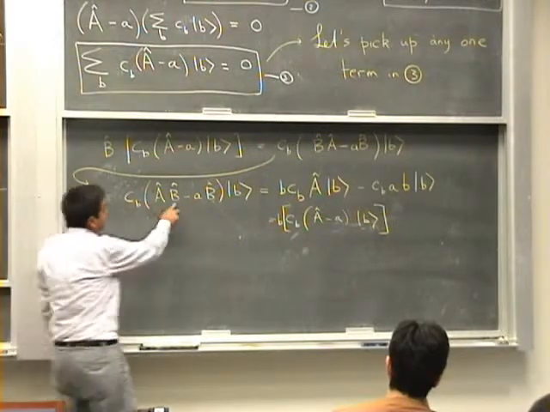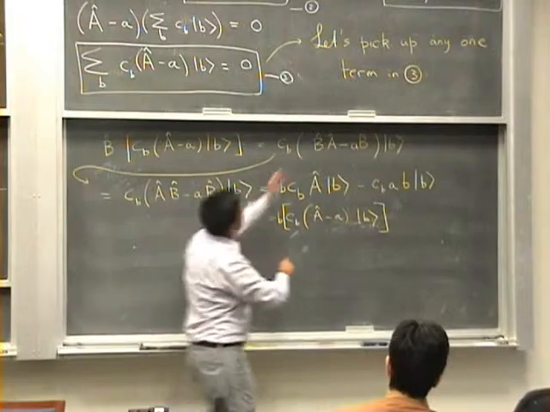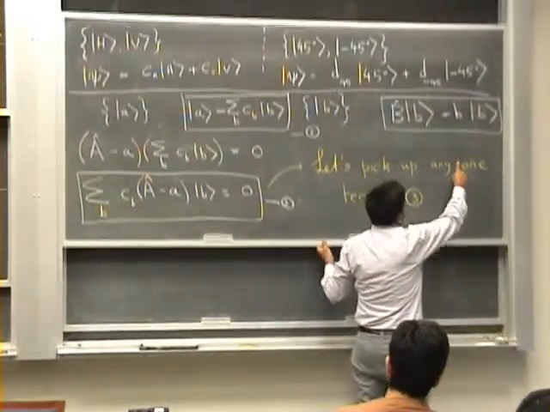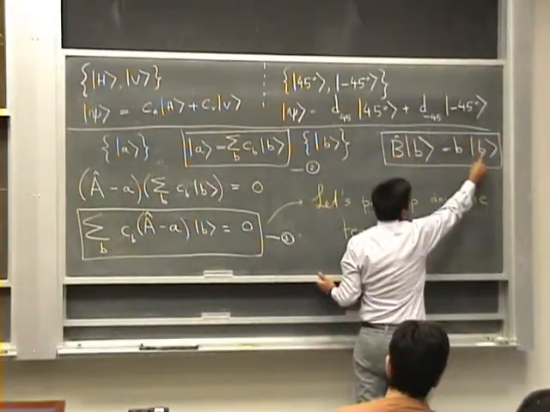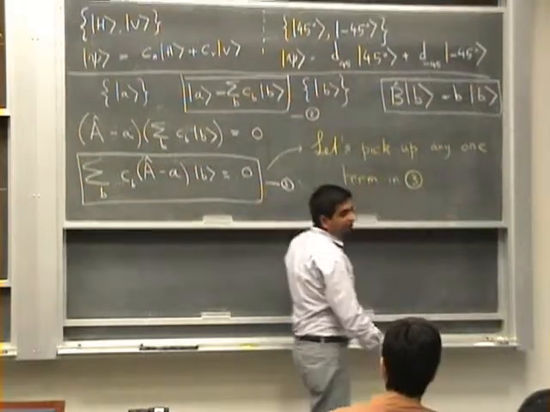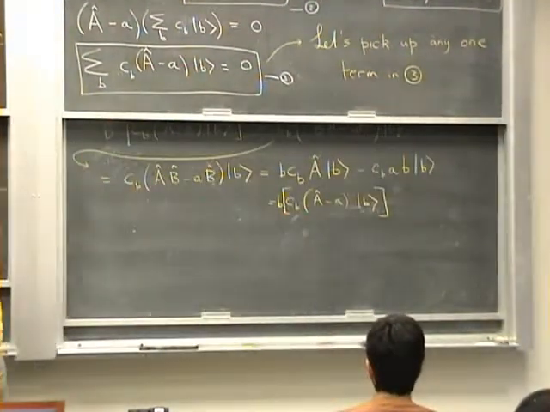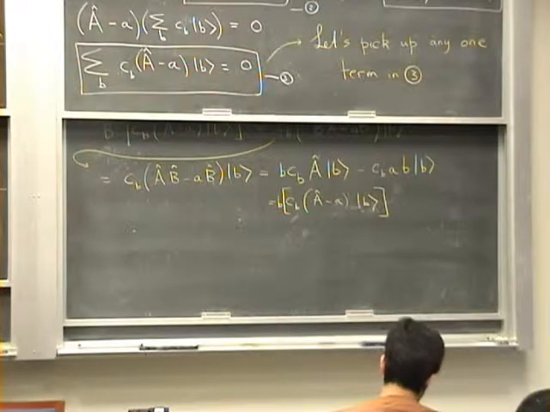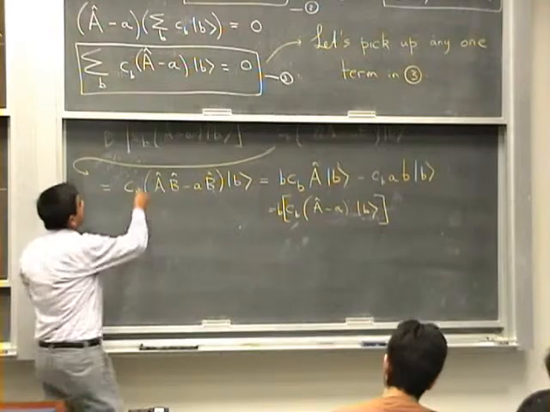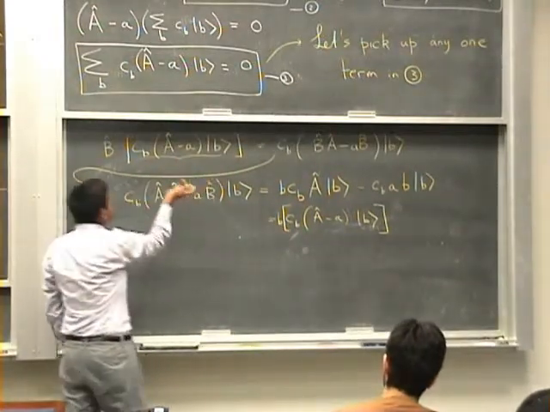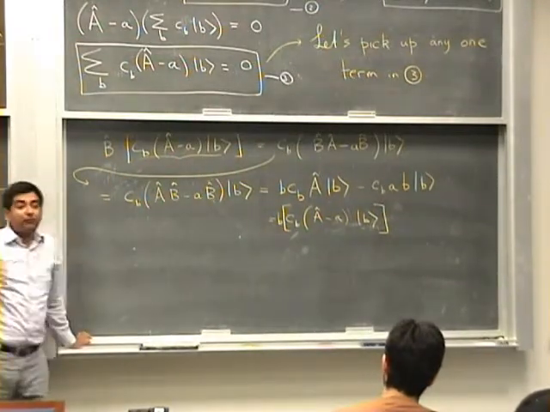When the operator B acts on the state |b⟩, it's an eigenstate of B, so I get b with an eigenvalue. Now what does this result show us? Is this ket an eigenstate of the operator B?